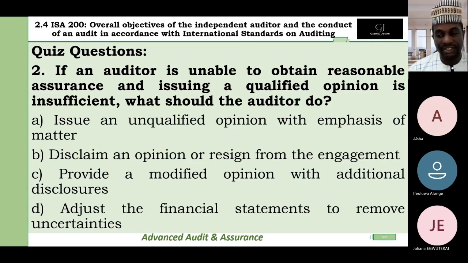D, adjust the financial statements to remove uncertainties. B. Let's say B too. Okay, disclaim an opinion or resign from the engagement. Okay, J, B. I, B. A, what's your pick? I will go with the crowd.